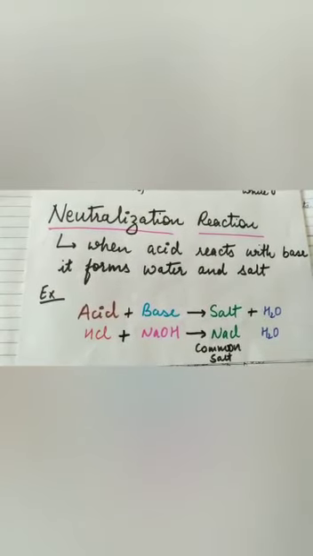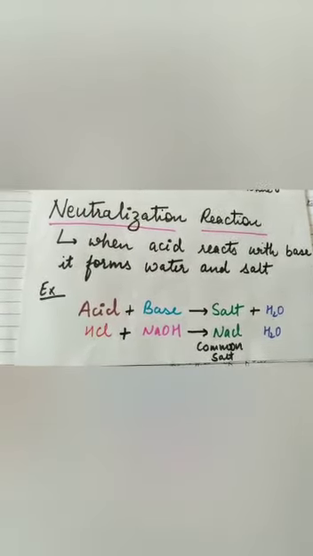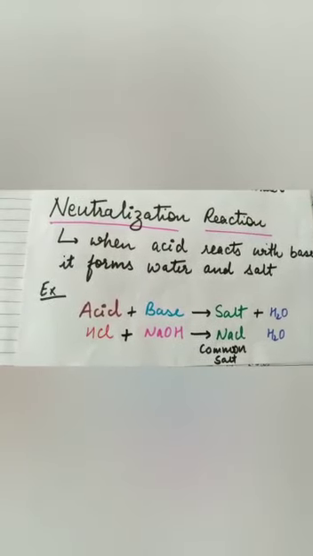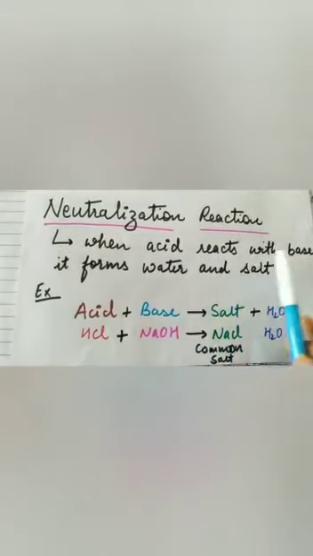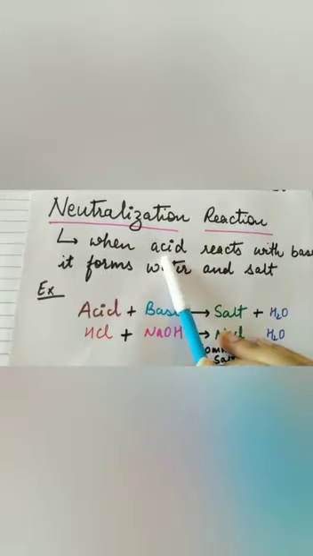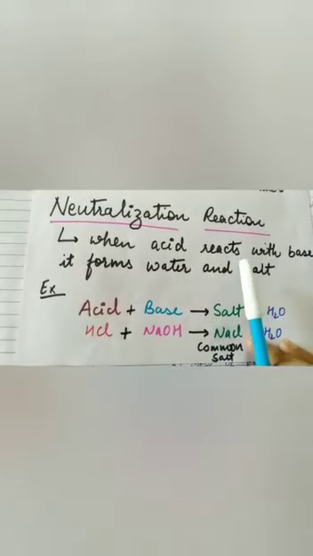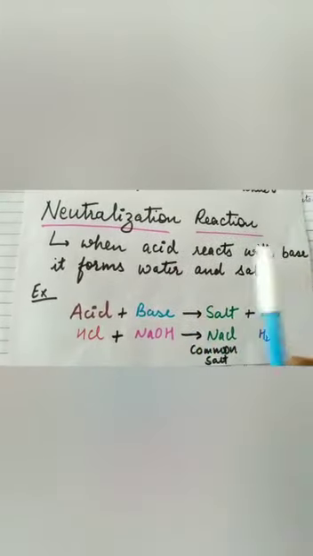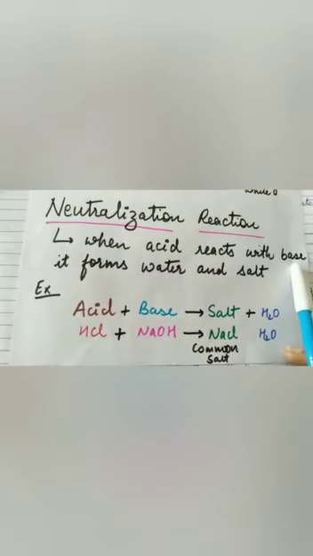What is neutralization? You already know neutralization means when acid reacts with base, it forms salt and water. So when the acid reacts with base, what happens? The properties of acid and the properties of base combine and vanish. Acid does not remain with its own properties and base does not remain with its own properties.